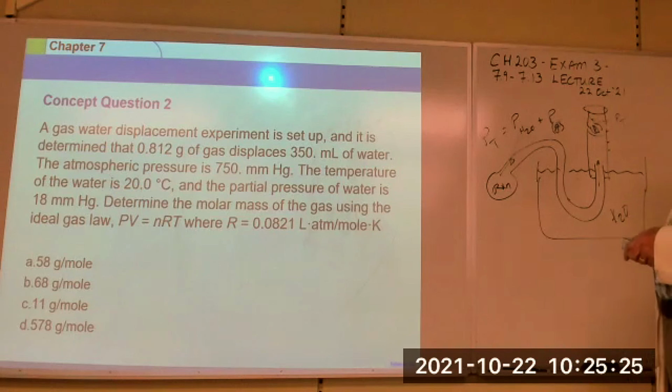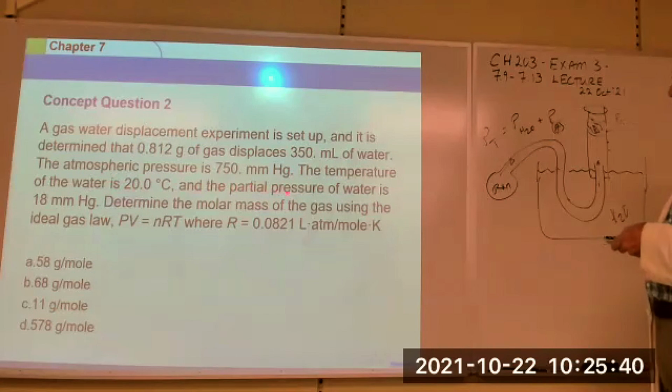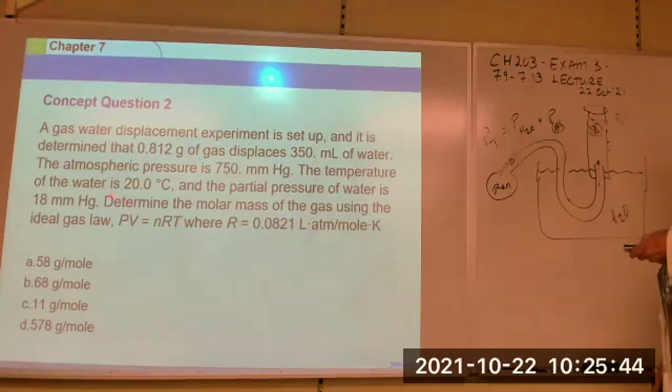So 0.812 grams of gas displaces 350 milliliters of water. The atmospheric pressure is 750 millimeters. The temperature of the water is 20 degrees and the partial pressure of water is 18. So we've given you the partial pressure of water. What's the pressure of the gas inside?